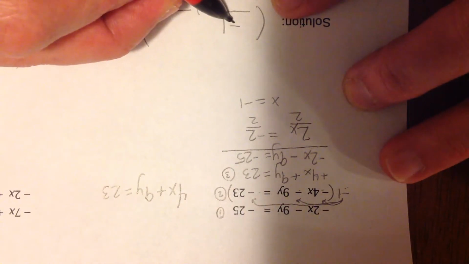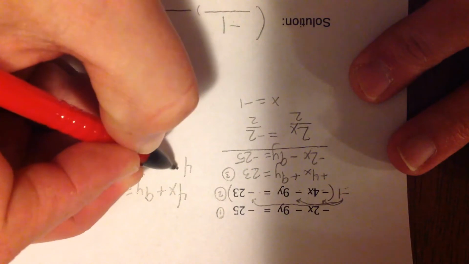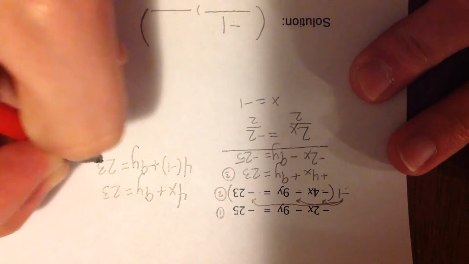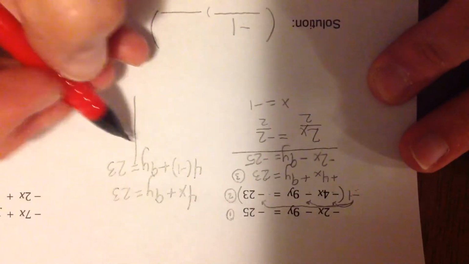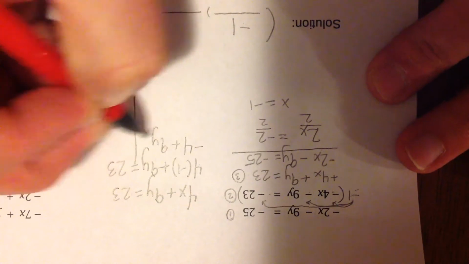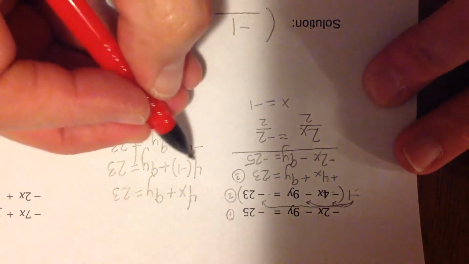Again, I'm substituting -1 for x, because x was -1. We're going to leave the y alone for now. 4 times -1 plus 9 times y equals 23. Just like I did on the last one, I multiply 4 times -1, that's -4, plus 9y equals 23. The next step is to get rid of adding or subtracting.